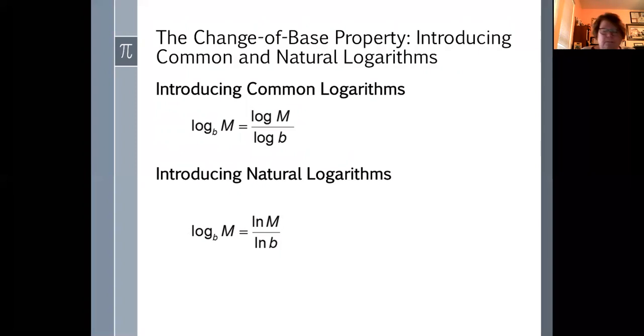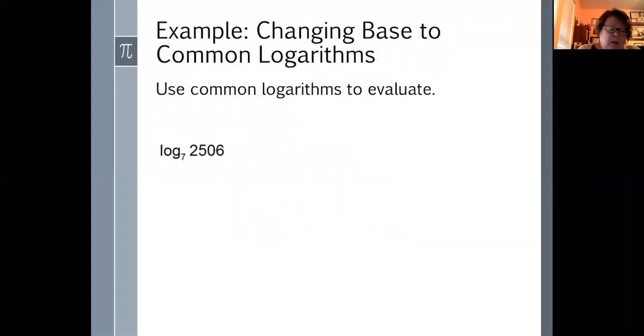Let's do an example. So let's find the log base 7 of 2,506. Now, what does the logarithm mean again? The log base 7 of 2,506 is the number that you would raise 7 to get 2,506.